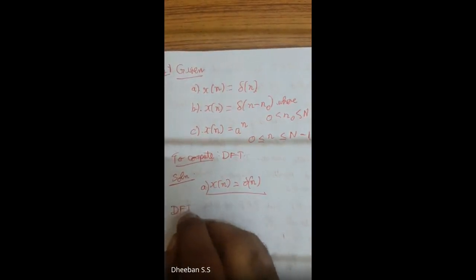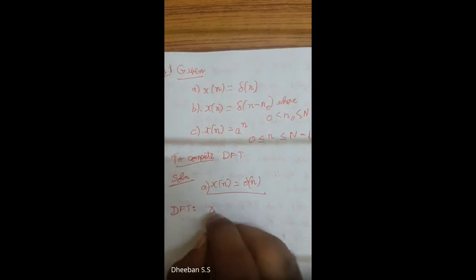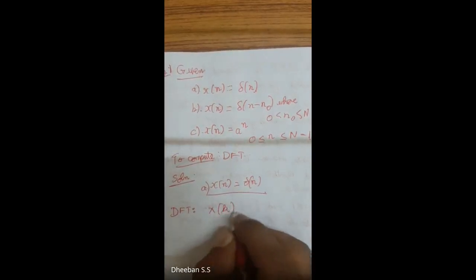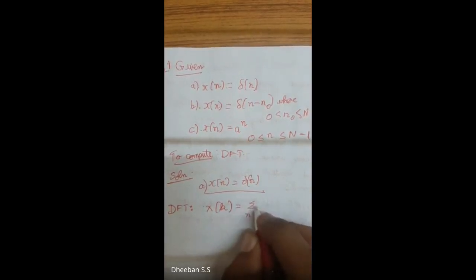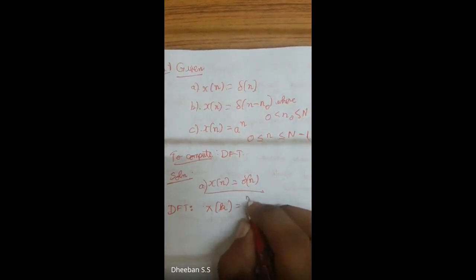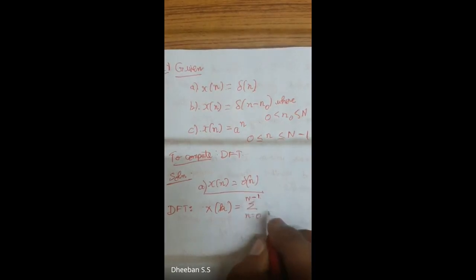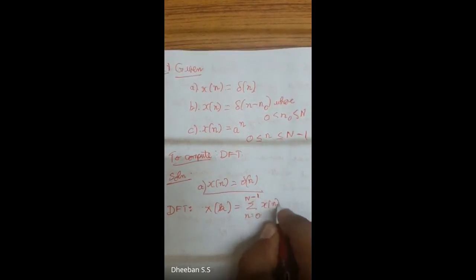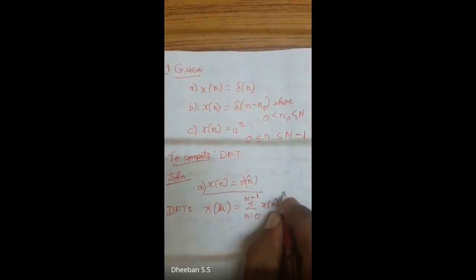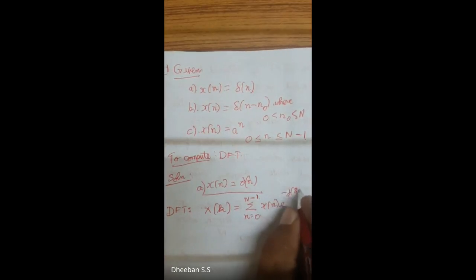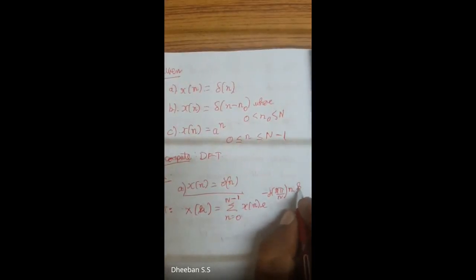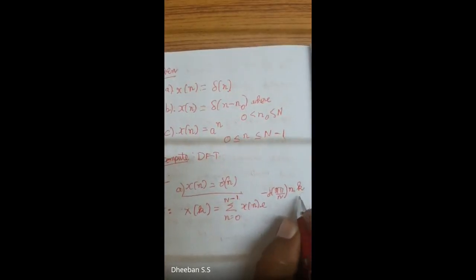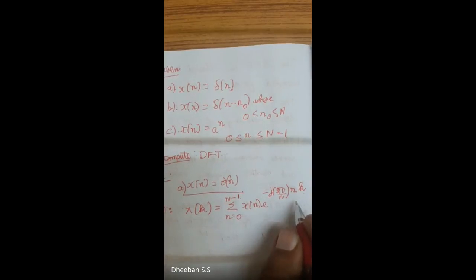DFT: x of k is equal to summation n equal to 0 to capital N minus 1, x of n e power minus j 2 pi by N into small n into k.